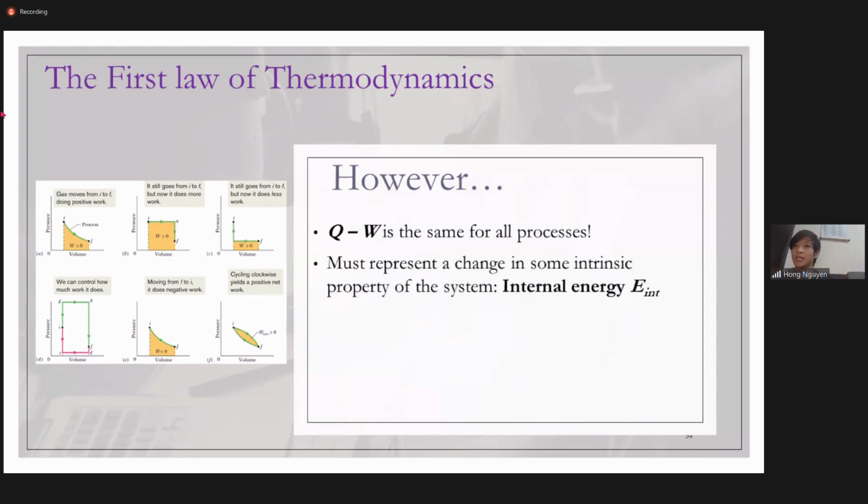Then this quantity must represent something. It must represent a change of some intrinsic property. Please remember the concept of intrinsic property. So Q minus W must represent a change in some intrinsic property of the system. And we call this quantity internal energy.